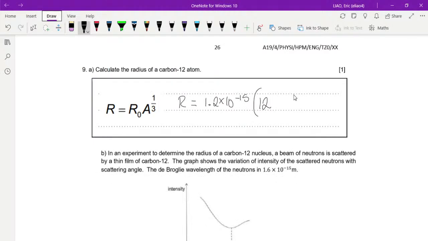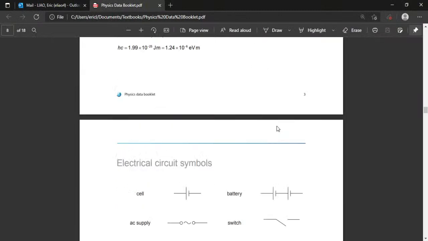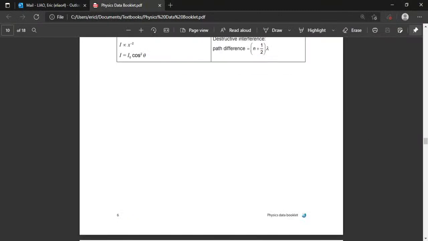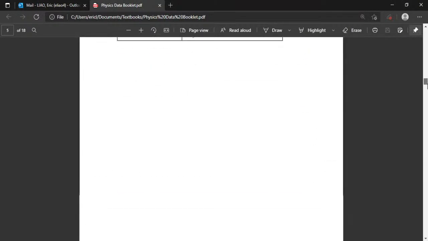But it's too easy if I just do that. Let's check on the periodic table if there is one in the data booklet. No, why would they include a periodic table? That is true.